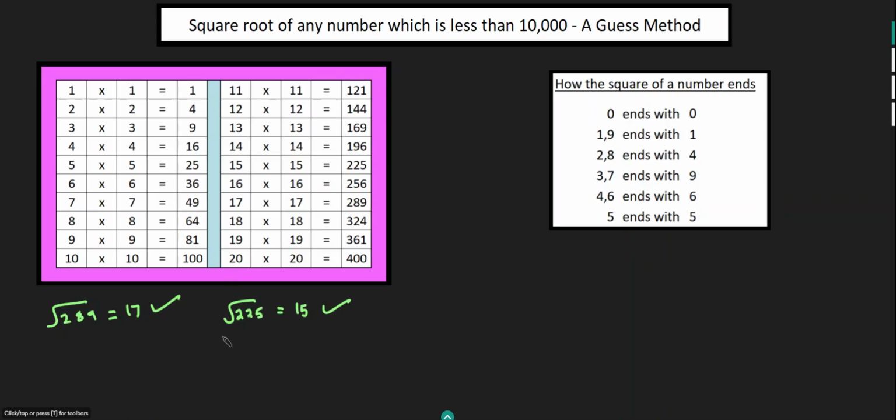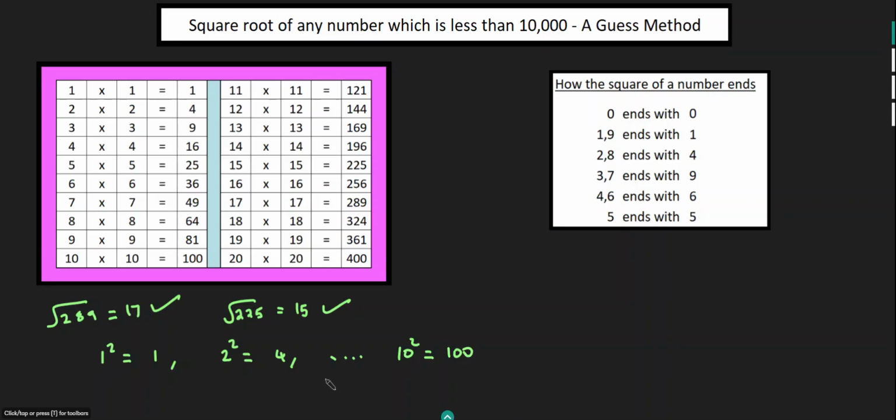But what if we don't know the square root of these numbers? Then we can definitely use this method. For that, we should know at least the squares of the first 10 numbers. That is, 1 squared is 1, 2 squared is 4, and likewise, at least till 10 squared, which is 100.